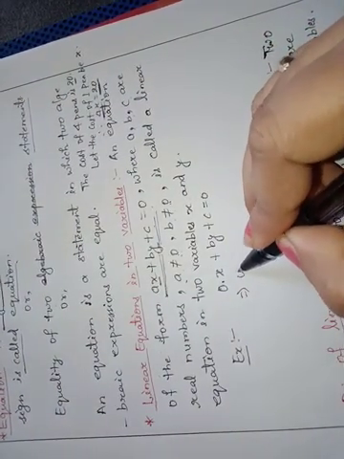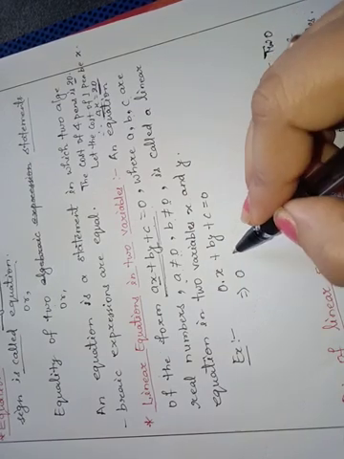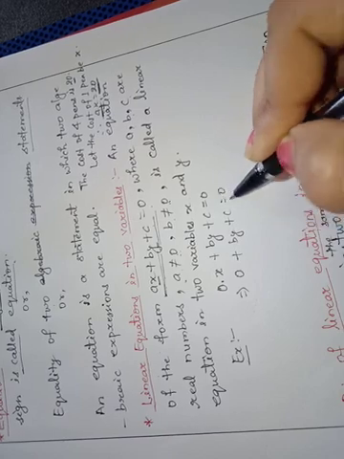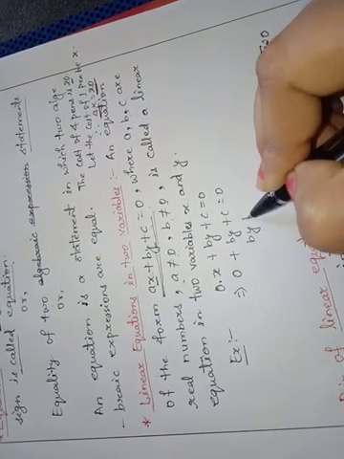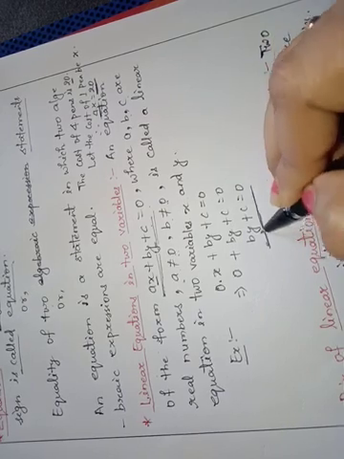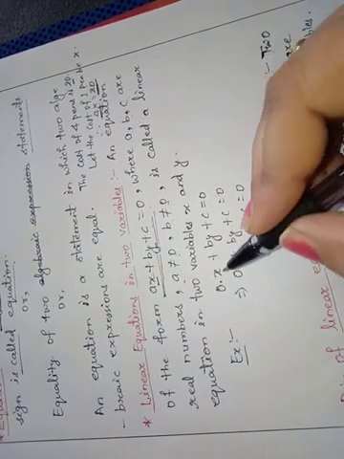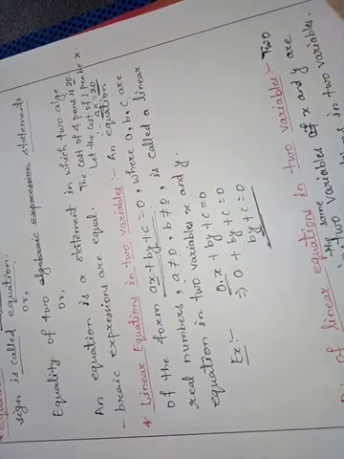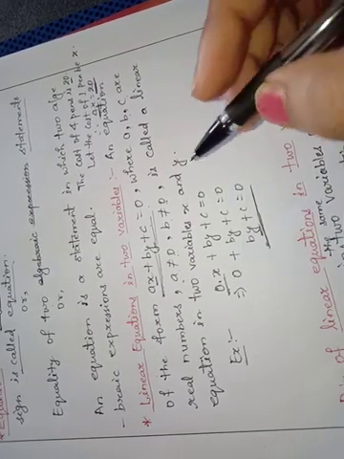This part will become 0, plus by plus c equal 0. So this is simple linear equation in one variable, because here value of this expression becomes 0.